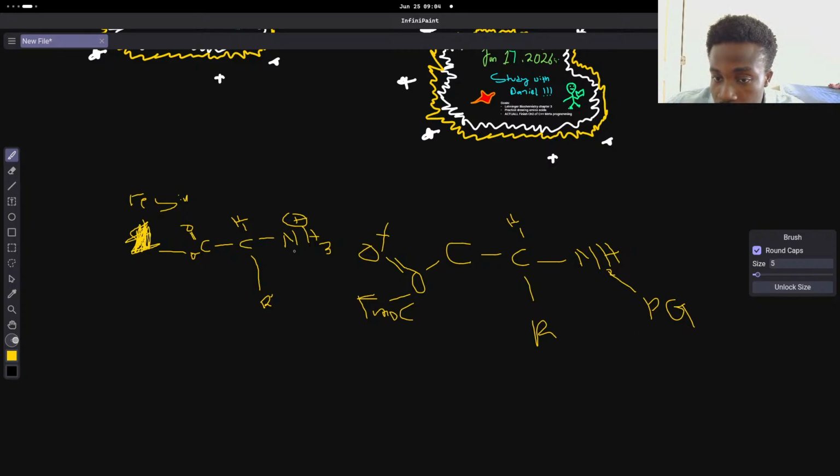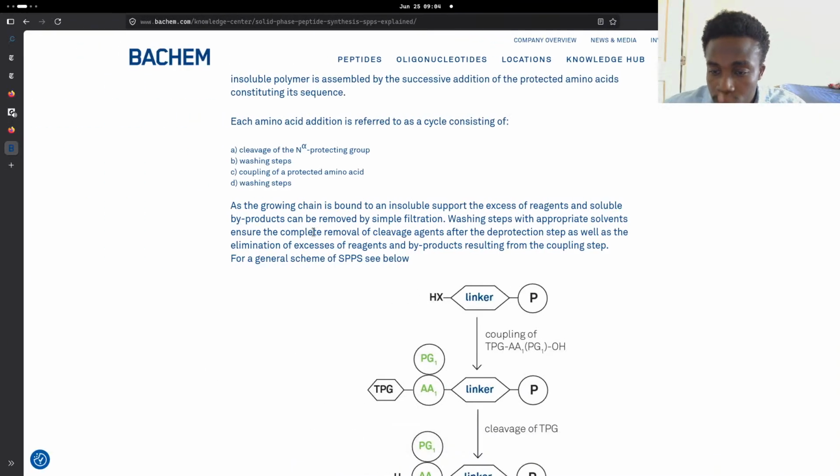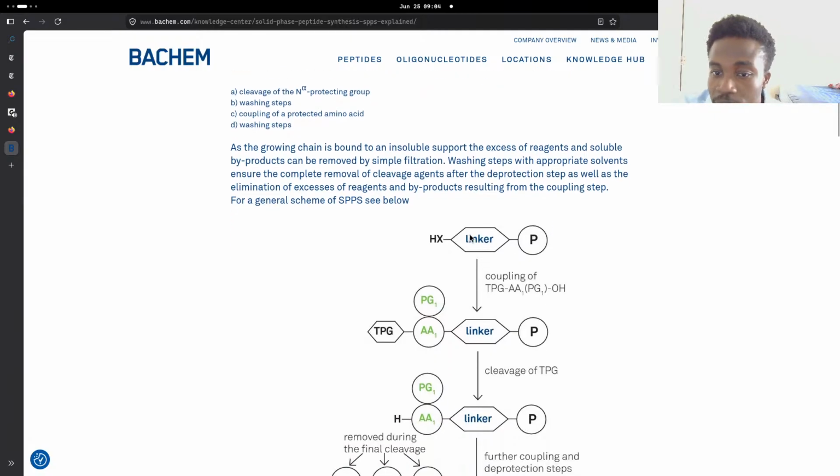So you deprotect, wash, remove this, and then introduce this one with a removed Fmoc. Washing steps also control the elimination of excess reagents and byproducts resulting from the coupling step.